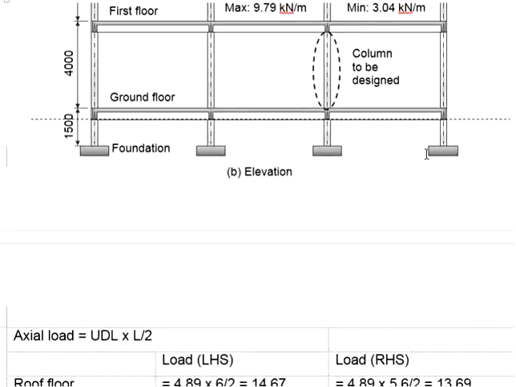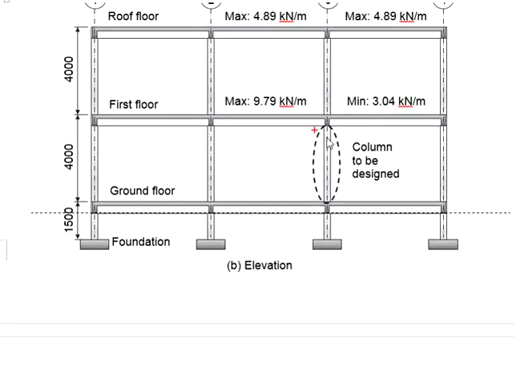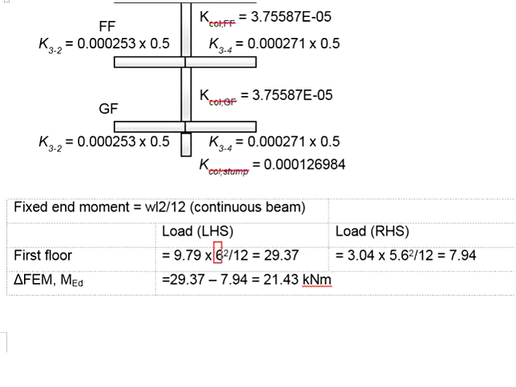Based on the critical load arrangement, W will be 9.79 kN per meter. L is 6 meters, squared, divided by 12. This gives you the maximum fixed end moment of 29.37 kNm.